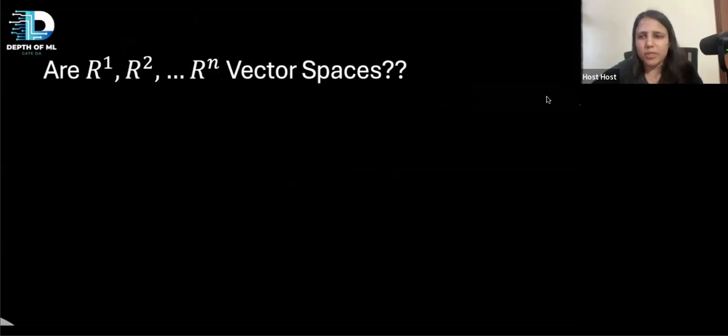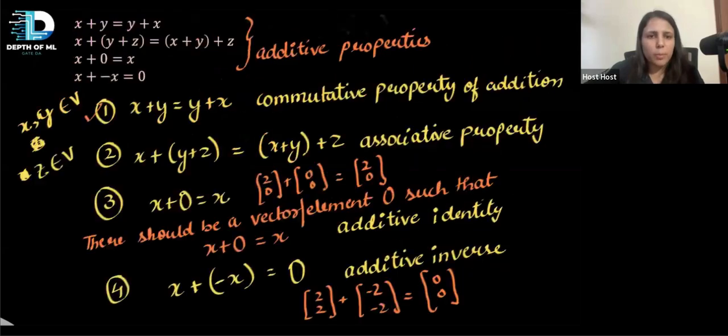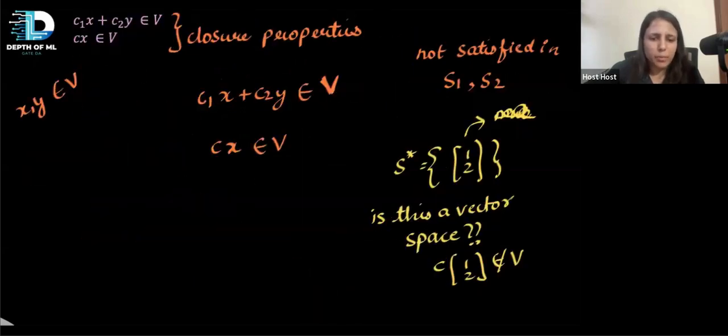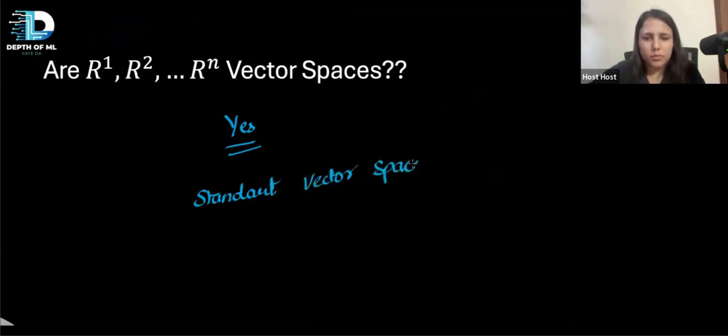I kind of mentioned this in the slides already, but they are, right? Yes, they are. Because of the same reasons that they follow the additive properties, they follow the closure properties, and they also follow the multiplicative properties. So this is correct. They're actually called standard, there's another name, standard vector spaces. Okay. Fine.